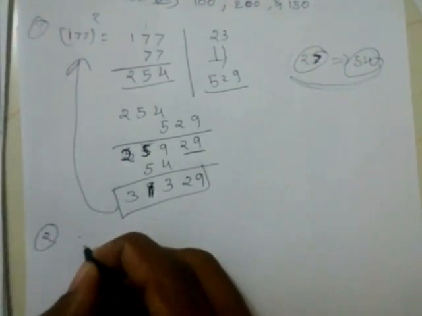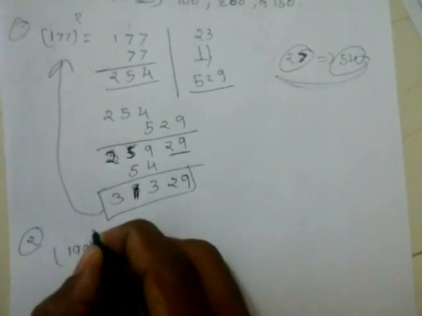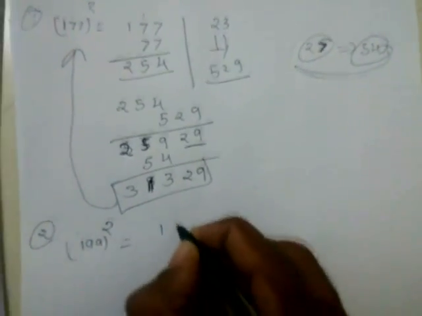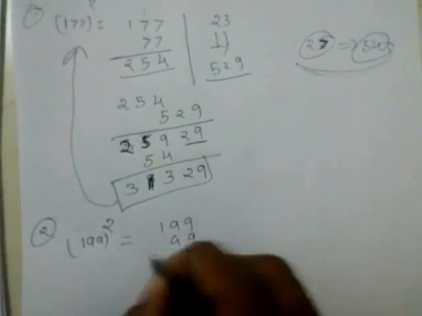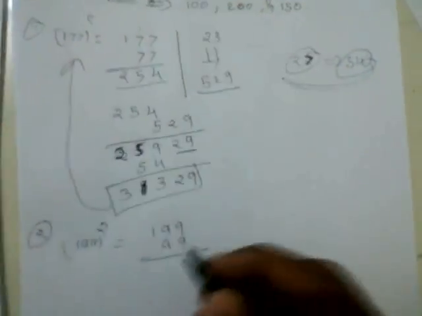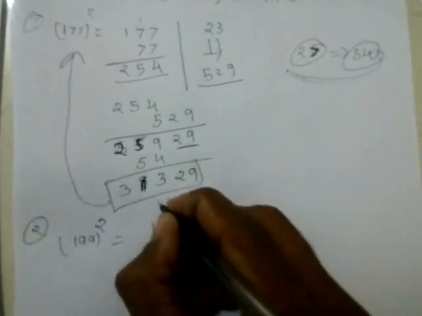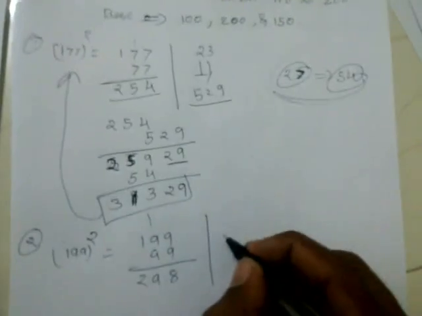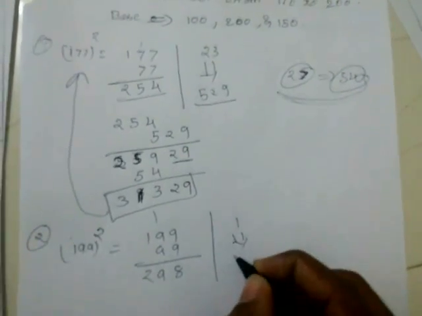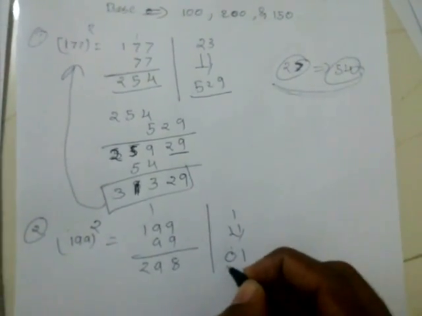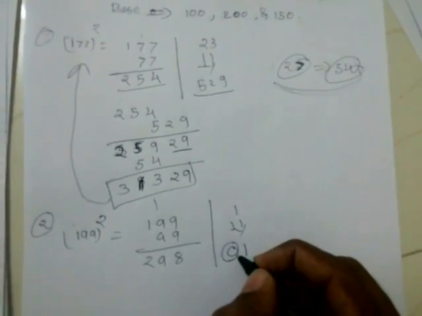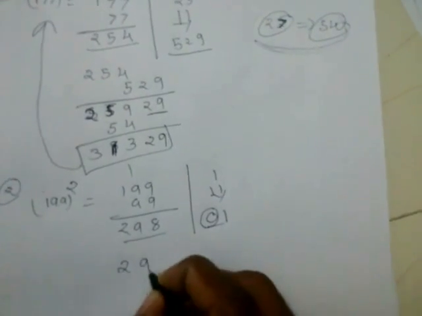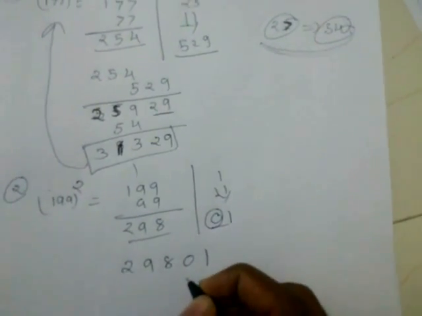Let's take this second example. Let's take 199's square. So the first step will be 199, add 99. The difference between 199 and 100 is 99. 298, and the difference between 199 and 200 is 1. So the square of 1 is 01. As it is a single digit, we need to put 0 as a prefix, and by making the combination we get 29801.